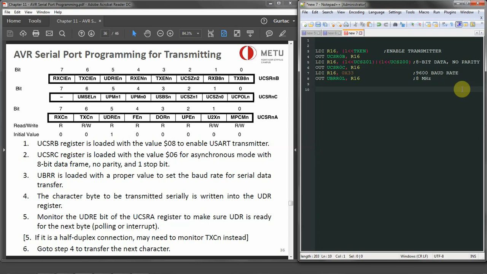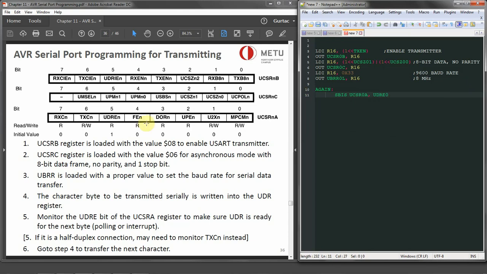Then what we need to do, we can use polling over here to check if UDR is empty or not. So let's say again SBIS, skip if bit is set, UCSR0A, UDRE0.